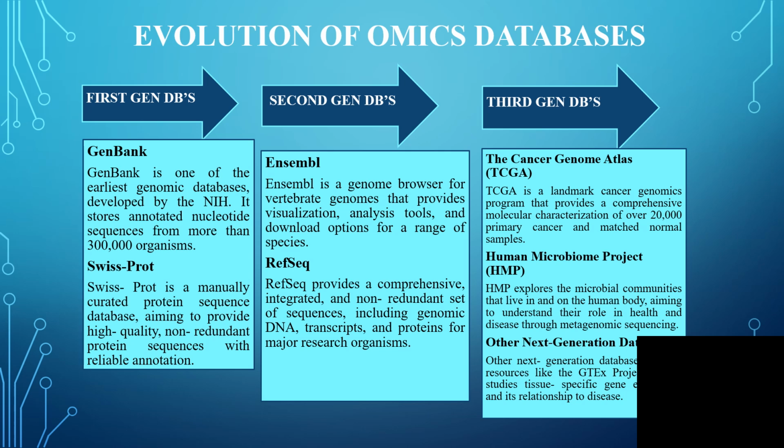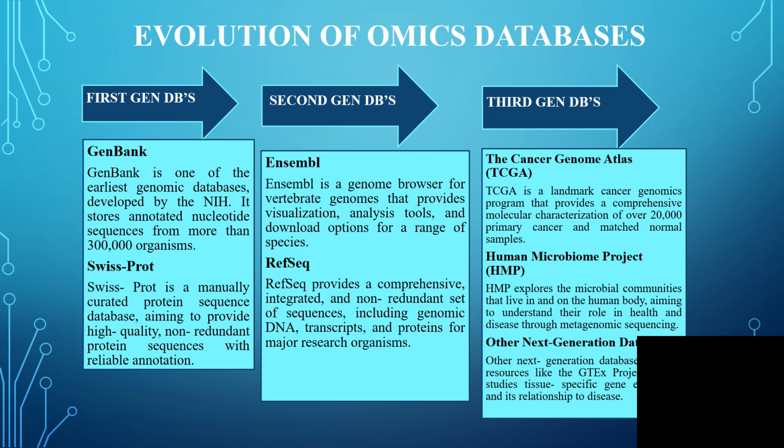Third generation databases include TCGA, HMP, and GTEx. TCGA, the Cancer Genome Atlas, helps to identify genetic mutations in cancers such as those in lung and breast cancer, enabling the development of targeted therapies. HMP is the Human Microbiome Project, which explores the relationship between microbiomes and diseases.